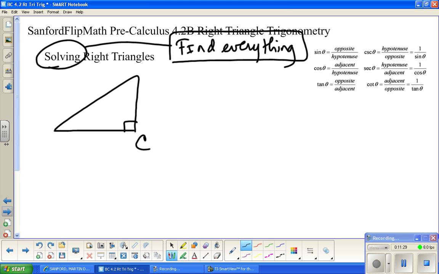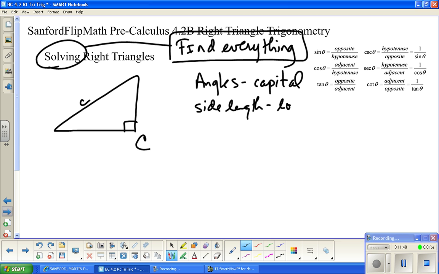Generally, the right angle is C, and then the side opposite is little c. Okay, so angles get capital letters, and then side lengths, lowercase.